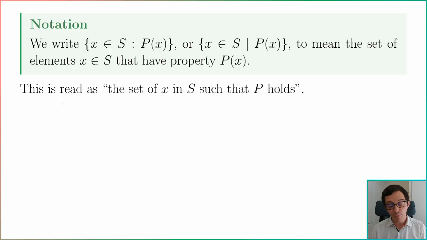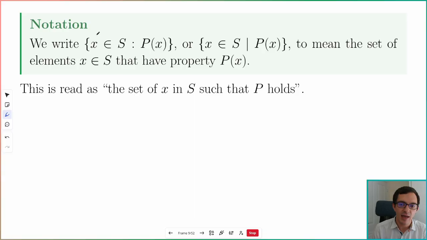And a common way to write this is, well, curly braces to indicate that you're talking about some sort of set, and then x in S, you have some existing set S, some sort of wider collection of things, x in S, such that some property holds. And this property maybe depends on x, it's sometimes true and sometimes false.